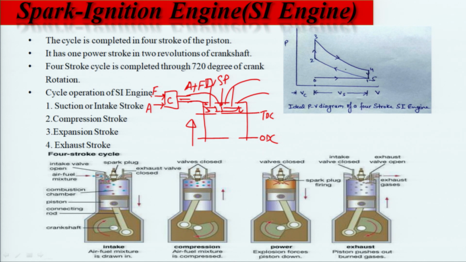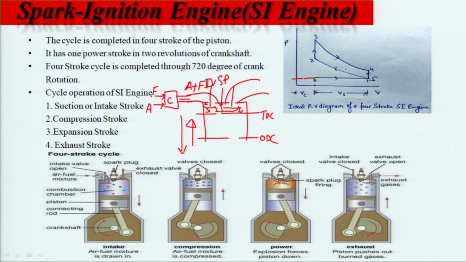With the help of the PV diagram you can see that when the piston is in downward motion, fresh charge comes through the intake manifold, and that process is called the intake stroke or suction process. Suction process means fresh charge is sucked in with the help of the downward motion of the piston.